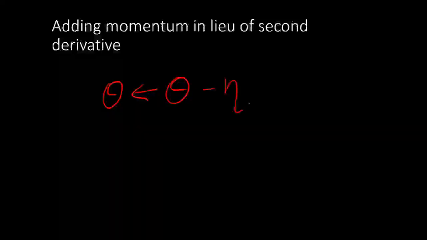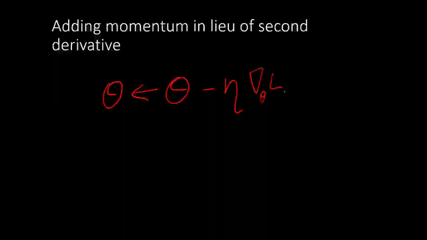In momentum, the update is going to be like this: theta, for iteration n, is updated by the previous value of theta, for iteration n minus 1, minus eta times the gradient of the loss with respect to theta.